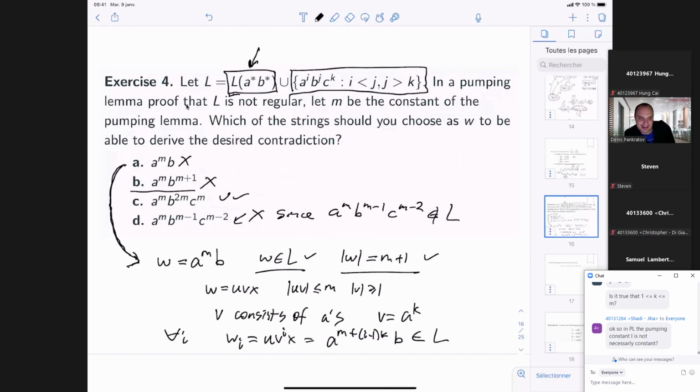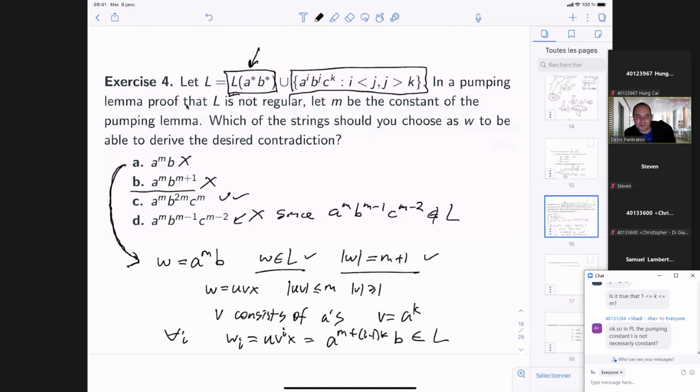Because I'm a little confused that it's a^m b^2m, because if we change the value of m, it will still satisfy the language, if that makes sense. So if you choose m=1 or m=2 or m=3 to m infinity, basically, it's still going to be satisfied, if that makes sense.